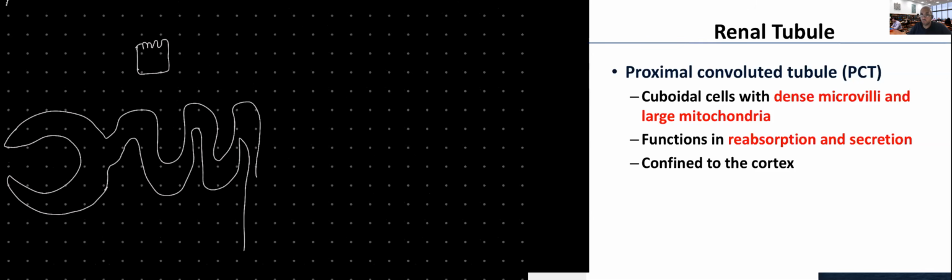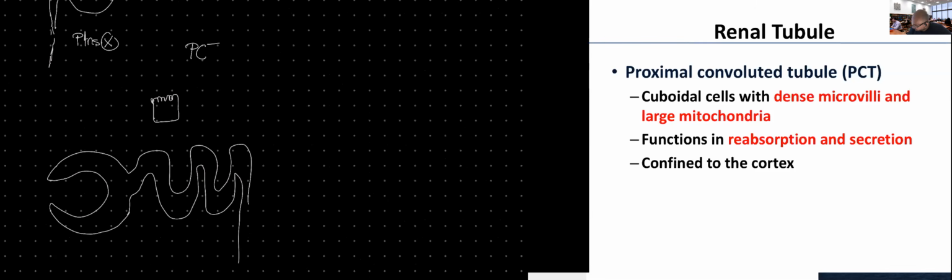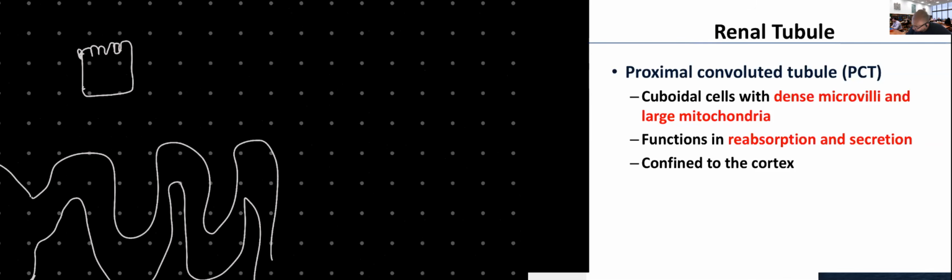I have simple cuboidal epithelium, and the simple cuboidal epithelial cells in the proximal convoluted tubules have a large number of microvilli. And if you remember, the microvilli are finger-like processes coming out of the plasma membrane, and they are responsible for increasing the surface area for absorption.